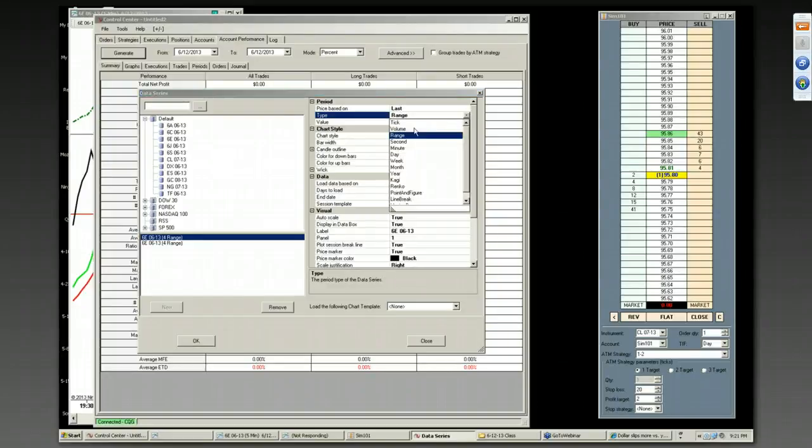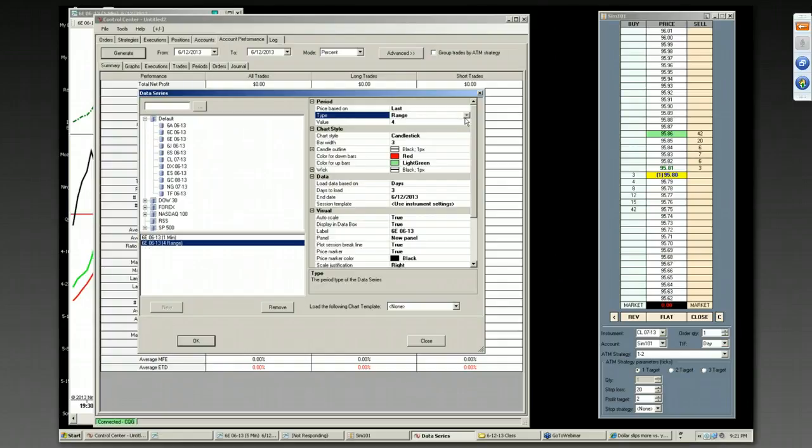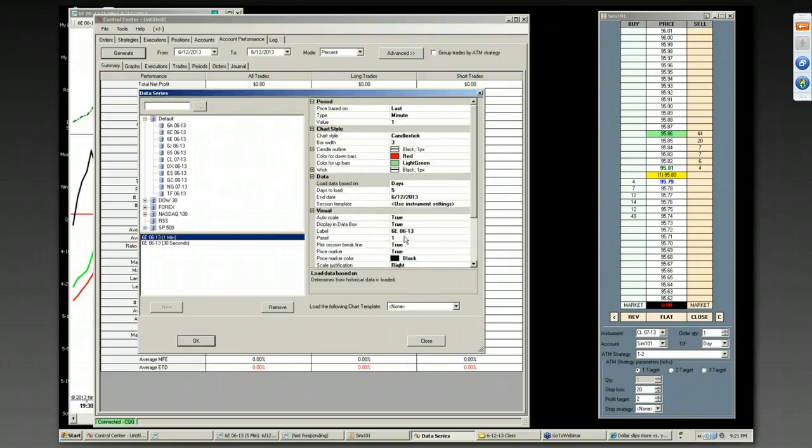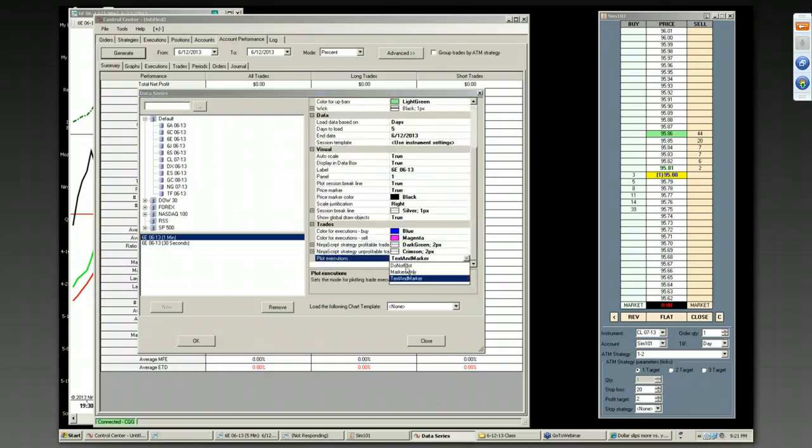We want 1 minute time frame and a 30-second time frame. So annoying. Okay, on the 30-second, it's got to be line on close, transparent. See if I can click fast enough. And on the 1 minute, we don't want any plotting. Get rid of that.